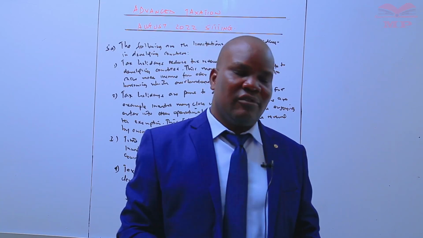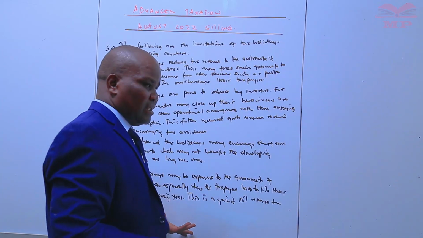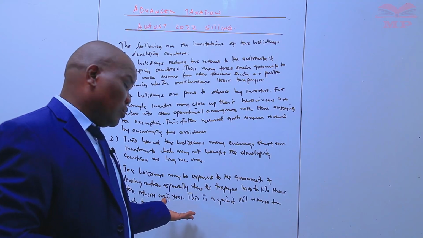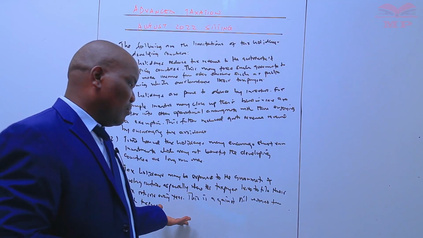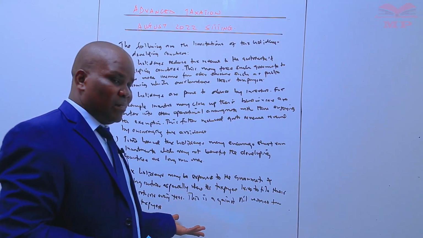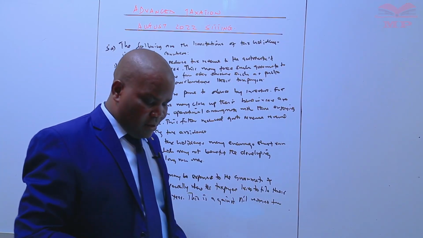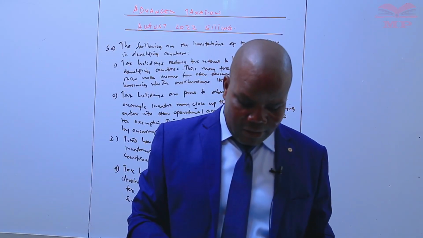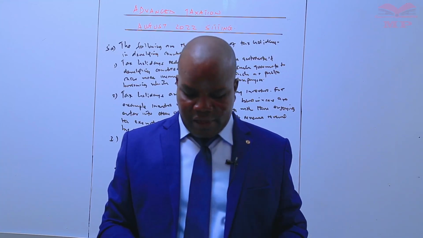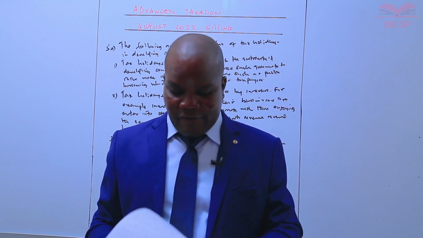So the government will have to spend much to administer the tax holidays and ensure that these investors comply with the regulations. But remember, it is receiving nil revenue from such investors. So that may mean that tax holidays may become very expensive to administer in developing countries.